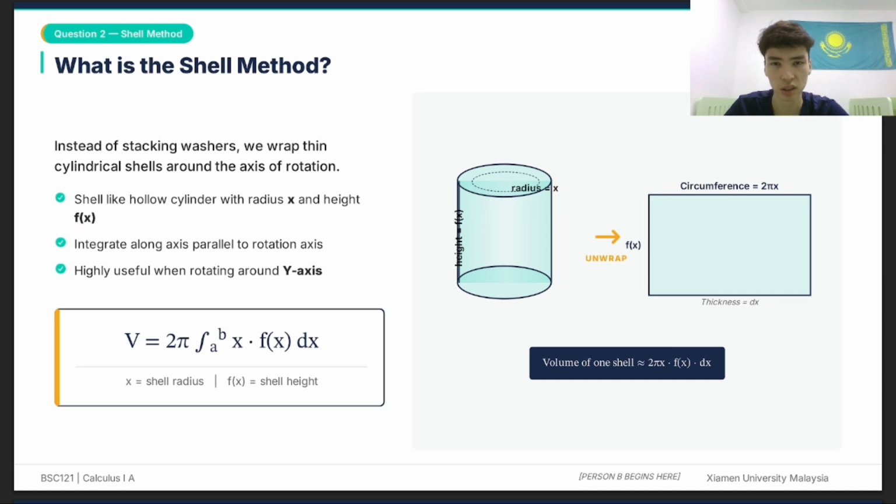This method is particularly useful when rotating around the y-axis, as it often simplifies the integration and avoids solving for x in terms of y. The general formula, as shown in the slide, is volume equals 2π times the integral of x times f(x) dx.